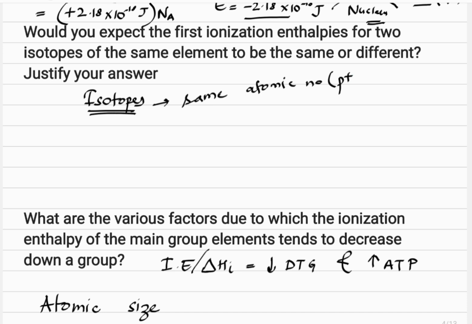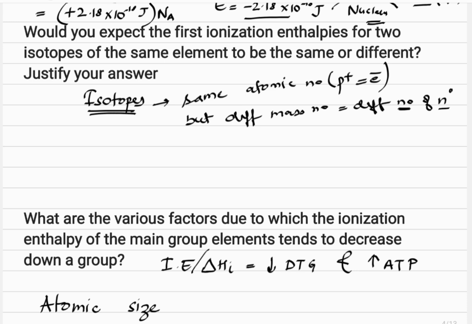That means the same number of protons, and if it's a neutral atom, obviously the same number of electrons, but different mass number. If atomic number is the same, that is protons are the same, but mass number is different, the only thing that is different in 2 isotopes would be the number of neutrons.